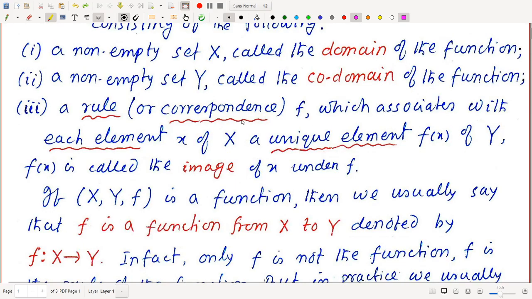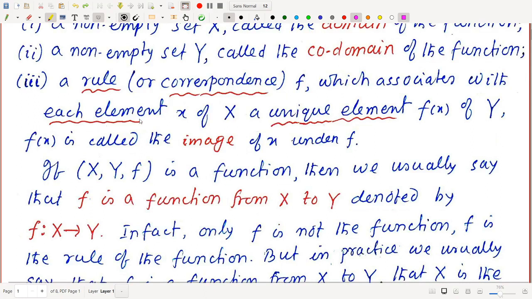Number 3, a rule or correspondence f which associates with each element small x of capital X, important, a unique, definite element f(x) of capital Y. The rule associates to every element of capital X a unique element of Y, and in this case f(x) is called the image of the element small x under f.